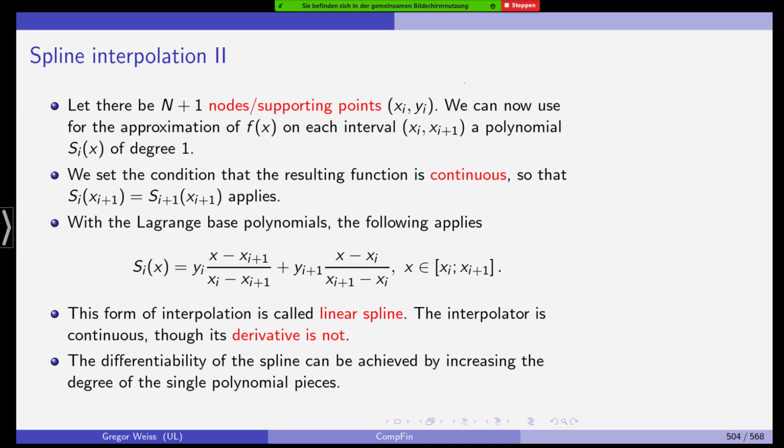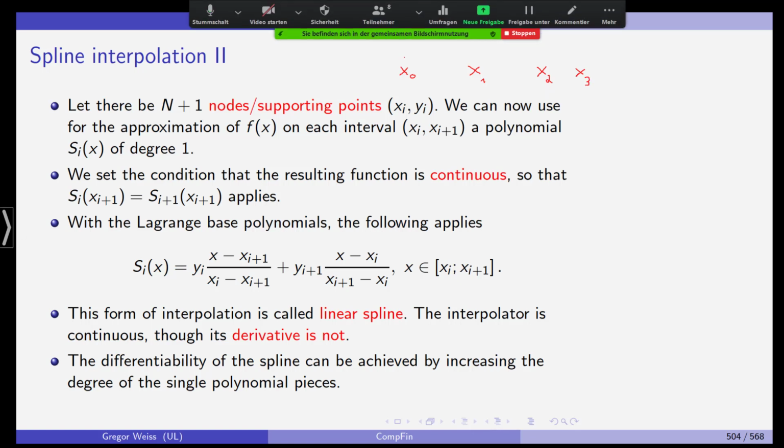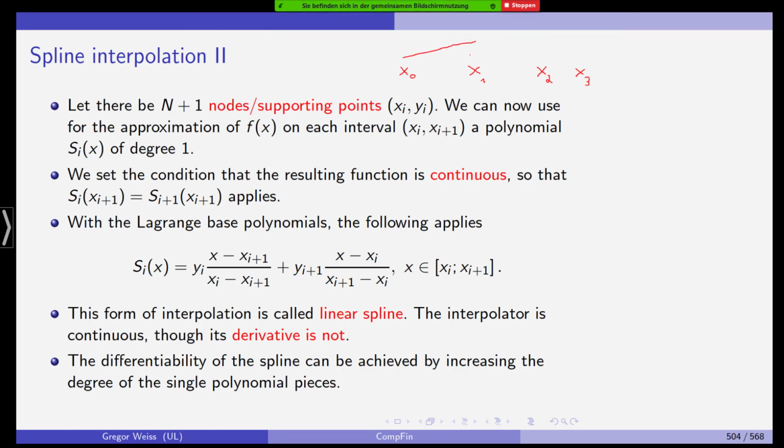So what we first take is we have x0 here, we have x1 here, and we have x2, let's say here, and we might have x3 here. They don't need to be equidistant. And we can then say, okay, we use this linear function here. We could use a different linear function here, and we can again use a polynomial here.